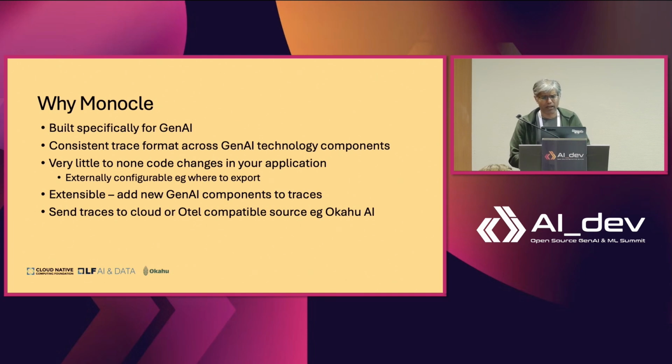As I said, there's very little code change that you need to do. Of course, you do want to extend this to do your own custom code tracing. It's very easily extensible. You can generate your custom span for your own code, or if there's a proprietary library you are using that's not in the open source for the Monocle community to build, you can always extend it yourself.